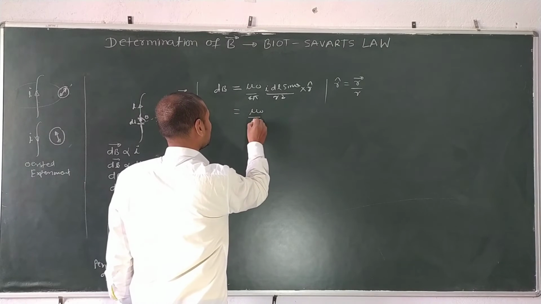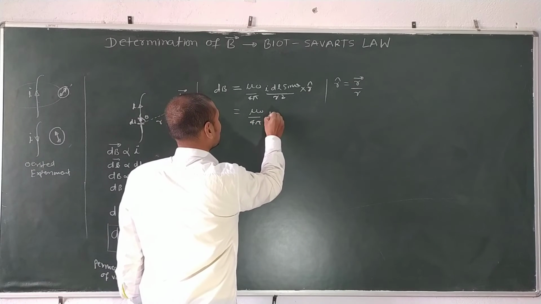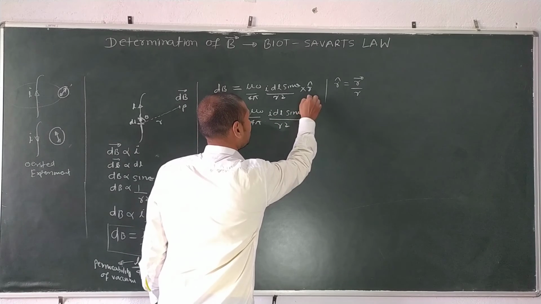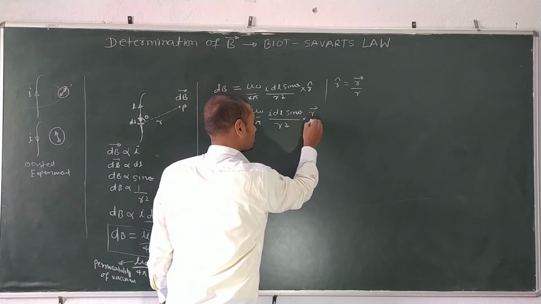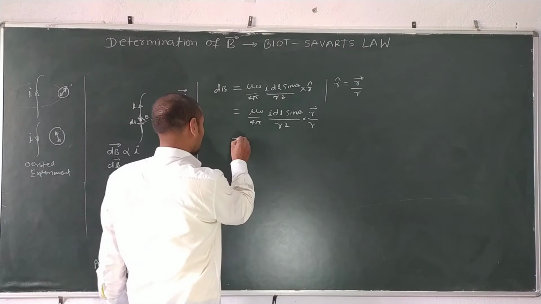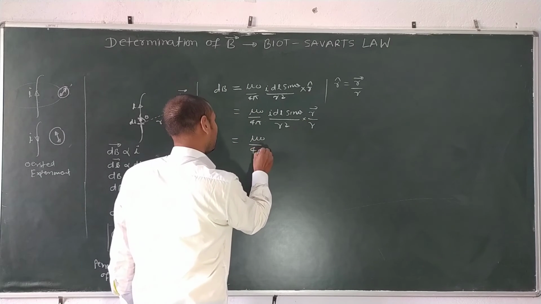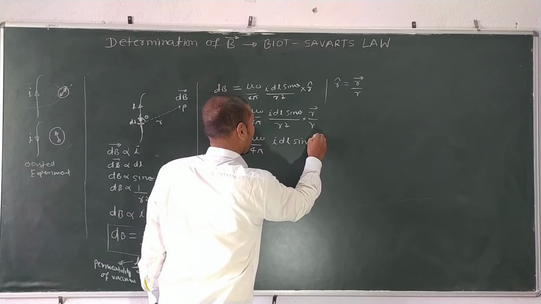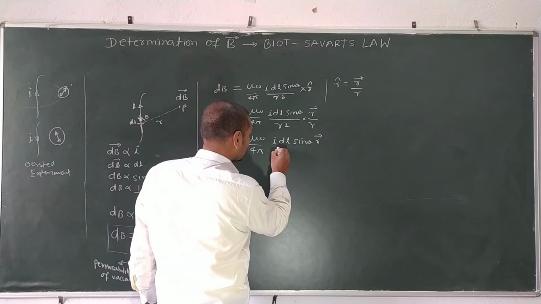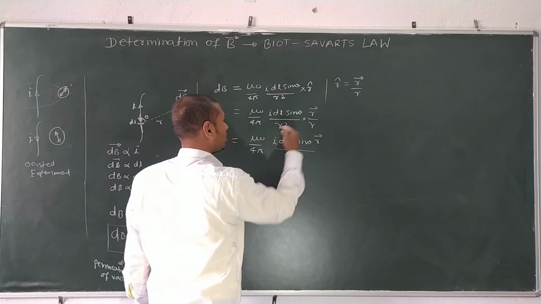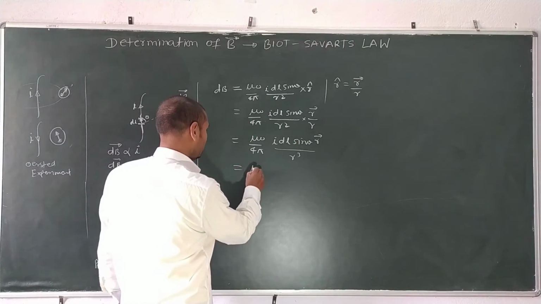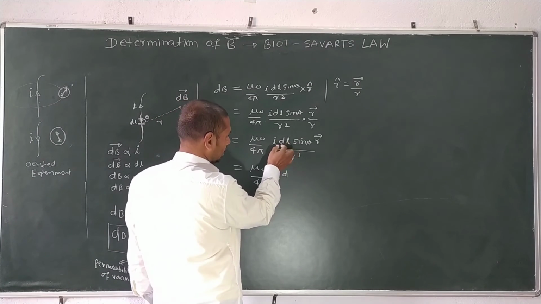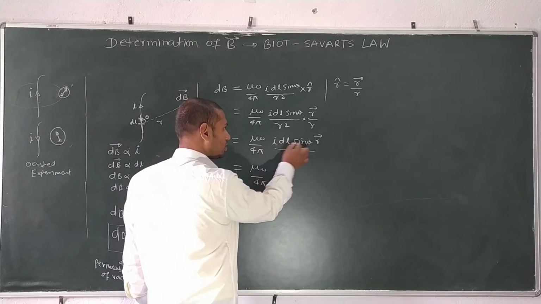So we can write mu naught by 4 pi I dl sine theta divided by r square, times r vector divided by r magnitude. Multiplying, we get I dl sine theta r over r cube, that is mu naught by 4 pi I, dl cross r.